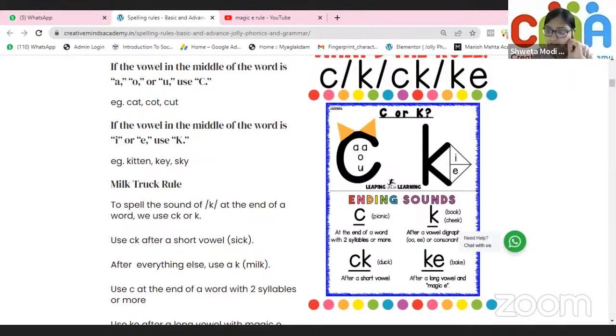If we hear K and then vowel sound, then we have to use either C or K depending on A, O, U will have C, E, I will have K. And now the next rule, which is the milk truck rule: the first sound is a vowel sound and then you hear K. पहले आपको vowel sound सुनाई दे, उसके बाद में आपको k सुनाई दे, तो आपको क्या देखना है? You have to see whether it is a short vowel sound, then C and K both, and if it is not a short vowel sound, then use only K.